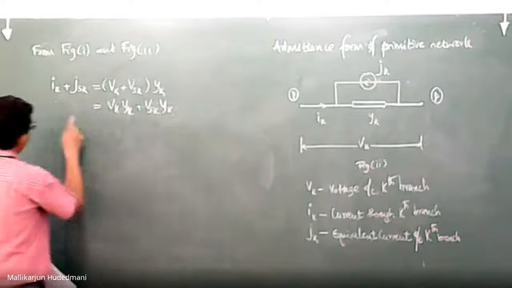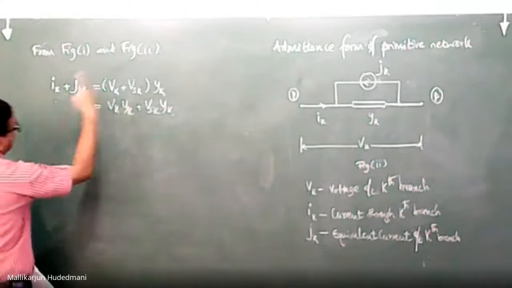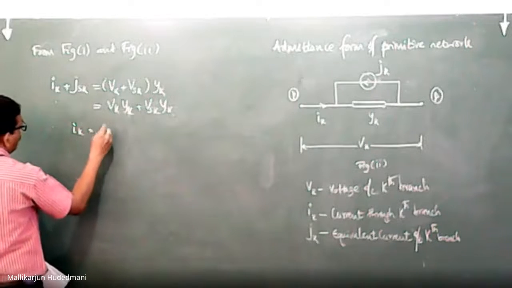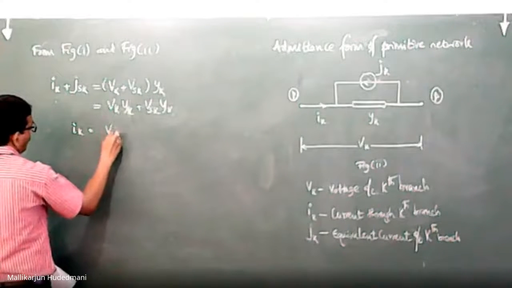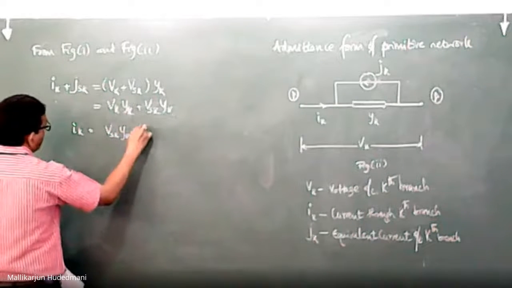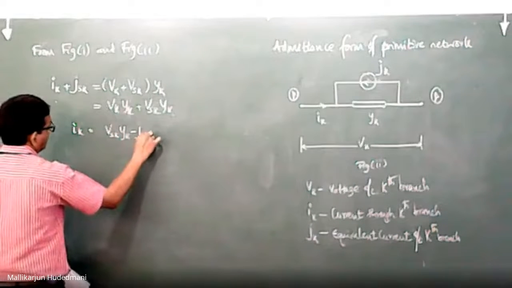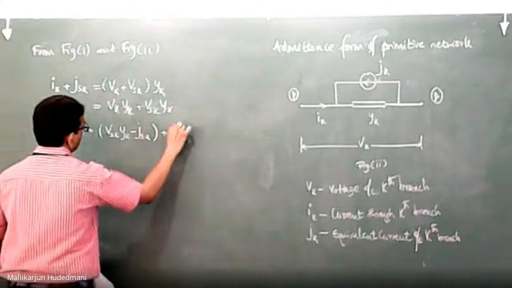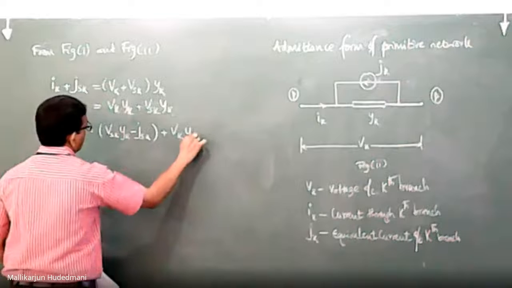Then I will transfer this JSK to the other side. Therefore, IK equals VSK YK minus JSK, plus VK YK. You can look at what I did here.